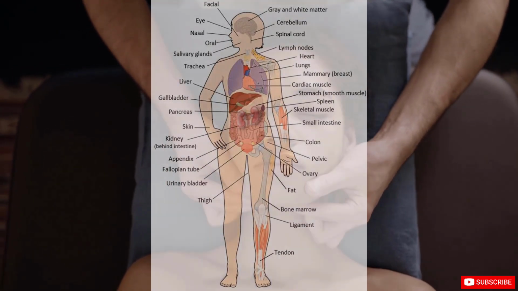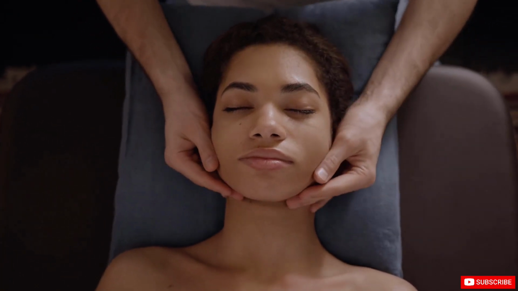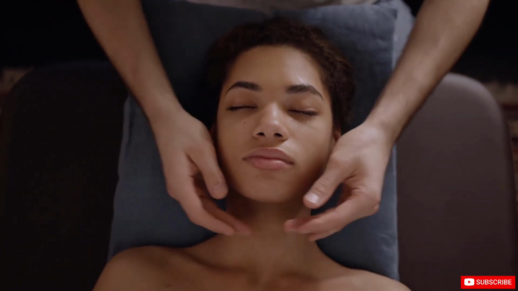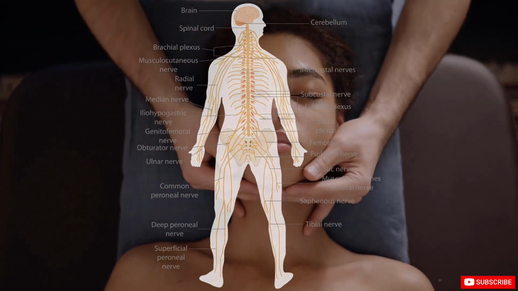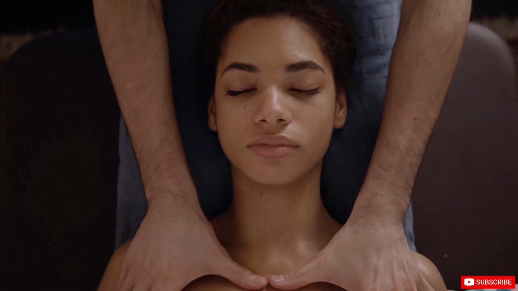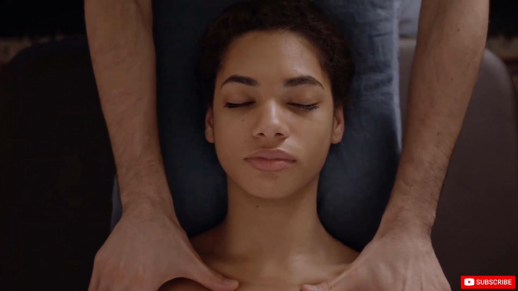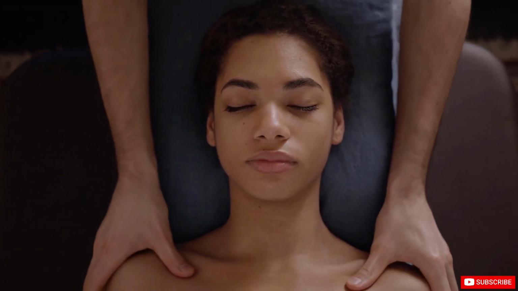If it doesn't matter where they move and it's always a constant ache or a sharp sensation, that points to an indication that it may be more nerve related.